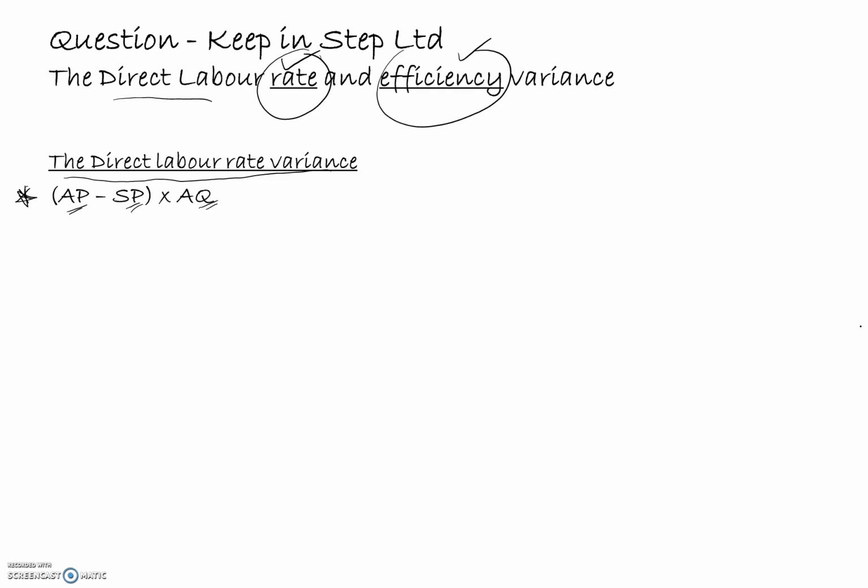So we're going to pop those numbers in. We'll just show the workings again over here. So we have the actual price, as I just discussed, €23,985 divided by the 5,850 DLH, direct labor hours, gives us €4.10 per direct labor hour.